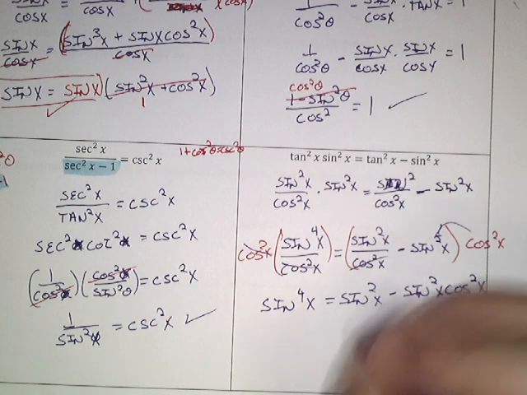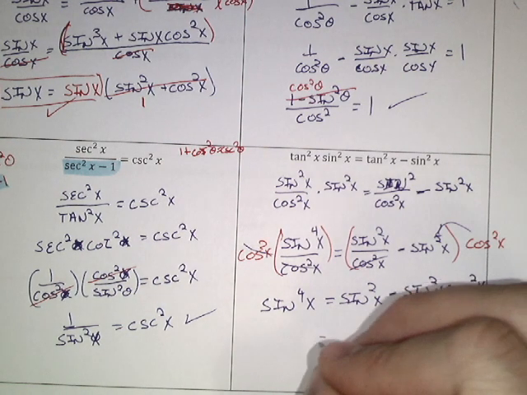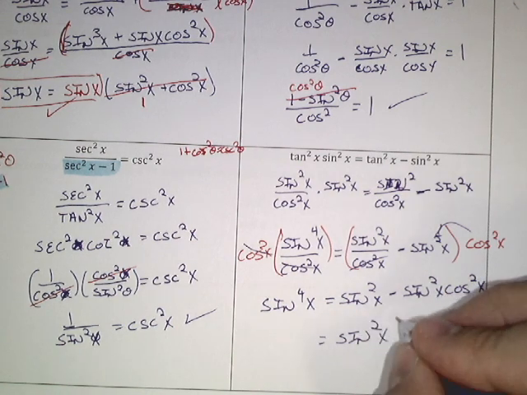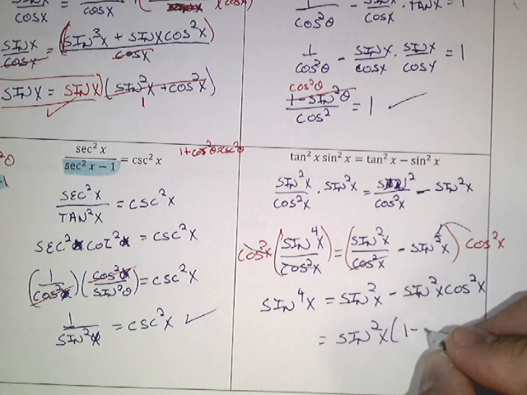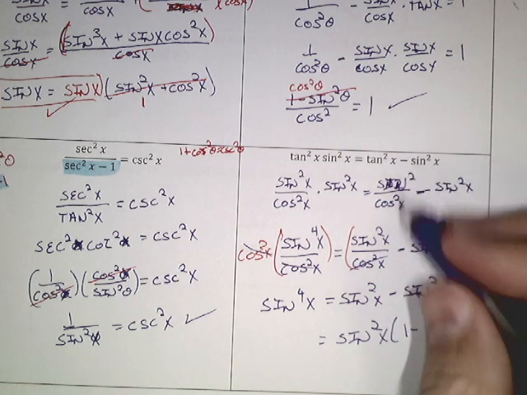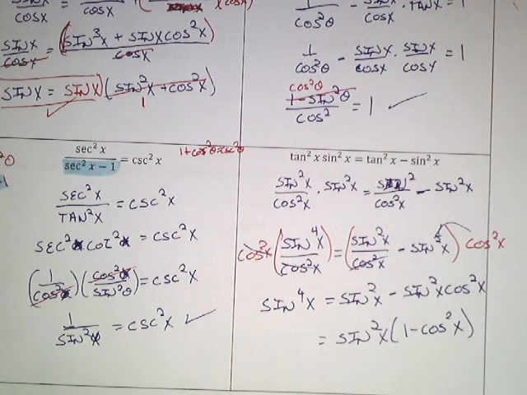And if we factor out a sine squared from the right side, we would end up with sine squared x times 1 minus cosine squared x.